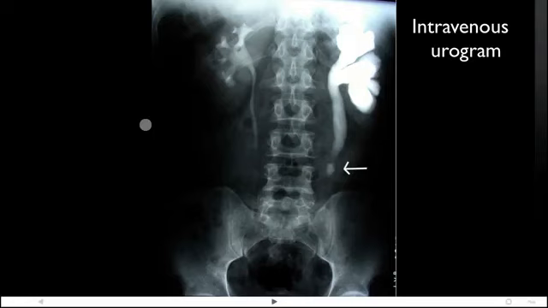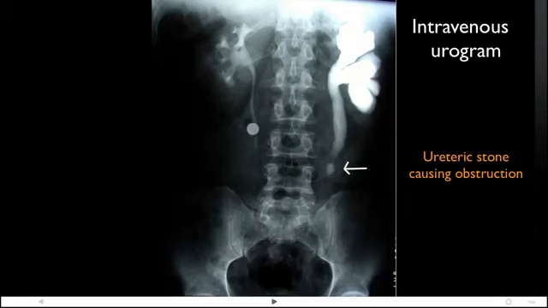In this film, we can clearly see the presence of an obstruction within the left ureter and a standing column of dilated ureter with the presence of contrast above it, a hydronephrosis and clubbing of the renal calyces, all of which are consistent with a ureteric stone causing obstruction.